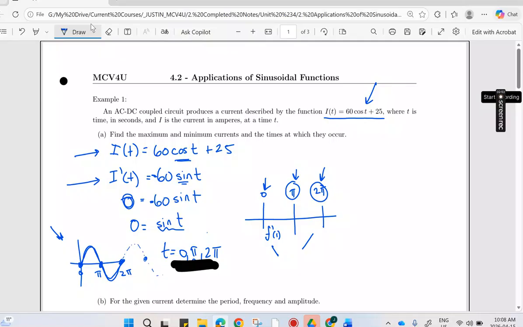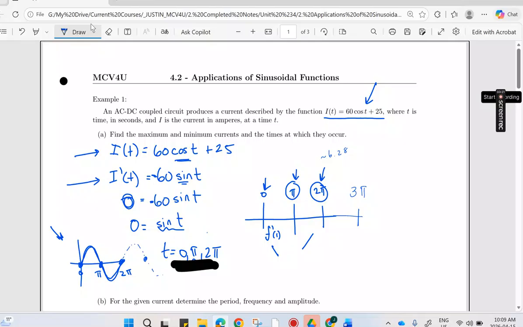They repeat. The next value we're going to have is 3 pi, which means the derivative equals 0 again at 3 pi. So I need to choose a value between 2 pi and 3 pi. 2 pi is about 6.28, and 3 pi is 3 times 3.1415, a number slightly above 9.